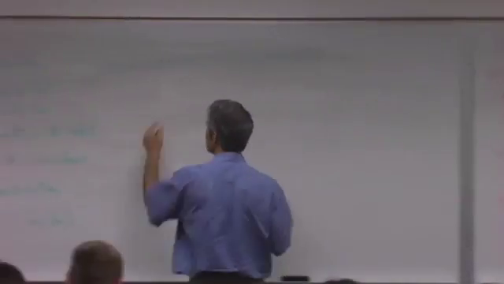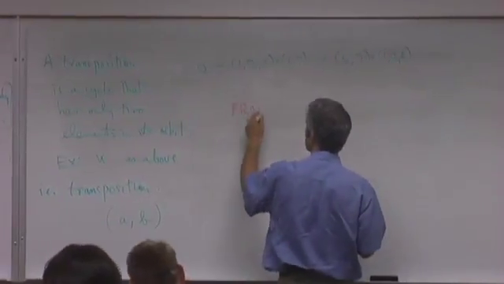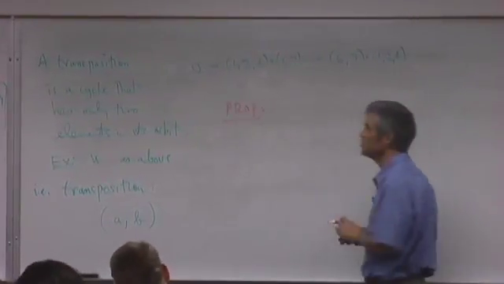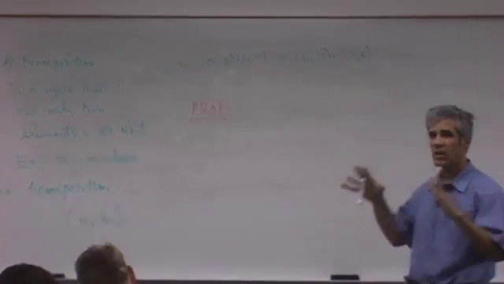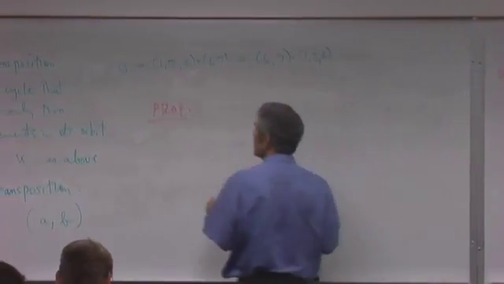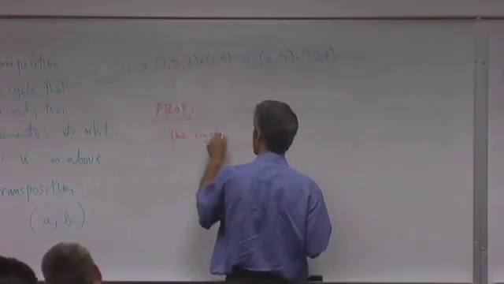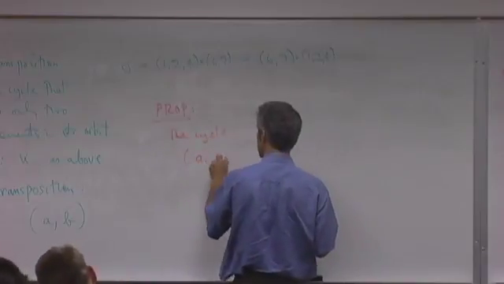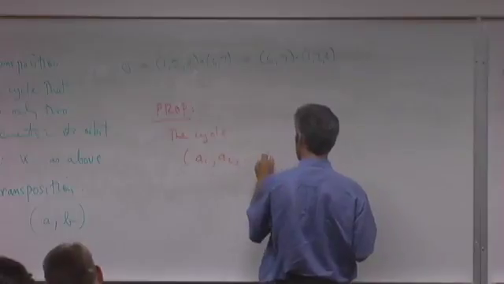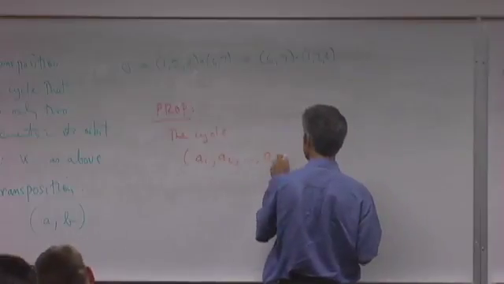So the proposition is this, and it's an interesting one because it'll allow us to compute not only with cycles but with transpositions. If I hand you a cycle (A1, A2, up through A sub t).